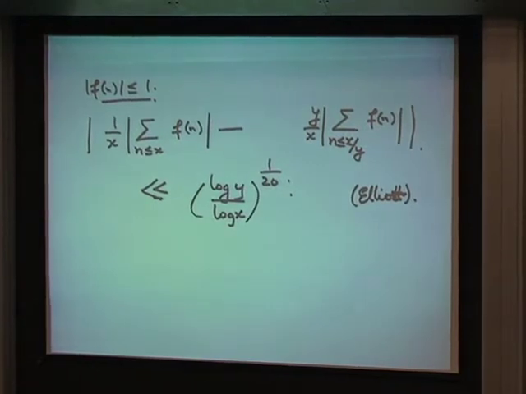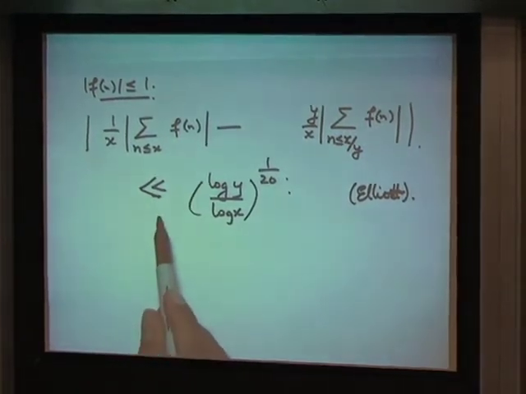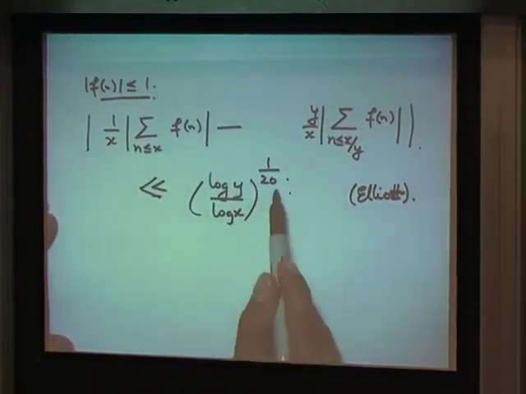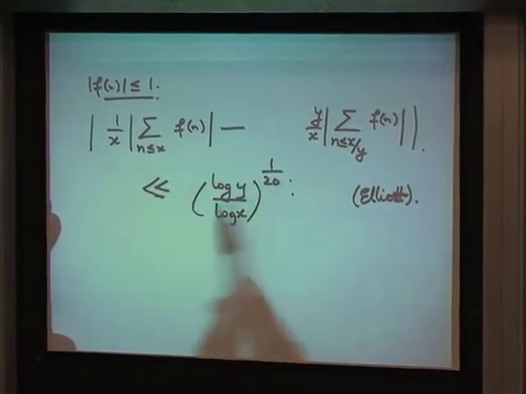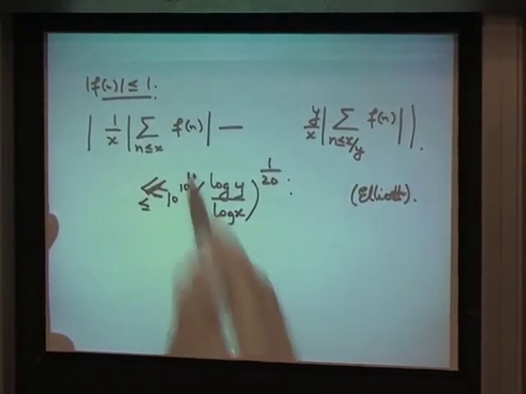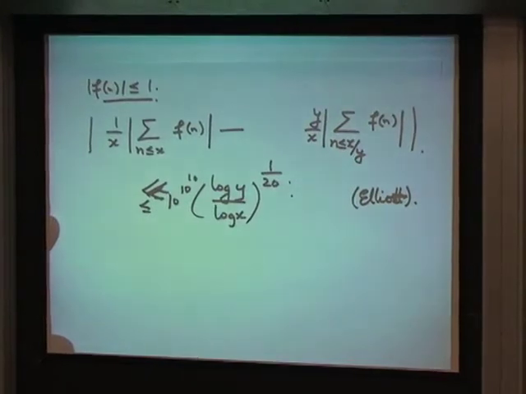What's in the less than here? Oh, but this is a constant of the exponent here, right? So this constant might be some constant like 10 to the 10, let's say. I mean, I can work out explicitly what it is. It's just a constant.